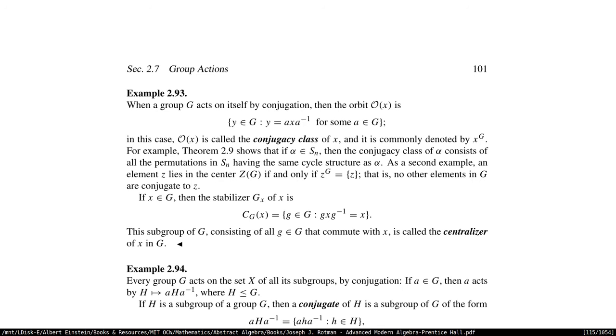Wait, just let me recheck. Sometimes when I get lost I forget all the definitions. If A and B are supposed to be conjugate, it doesn't matter if they're in the center or whatever, then the conjugate of A with respect to some element X is equal to B, right?